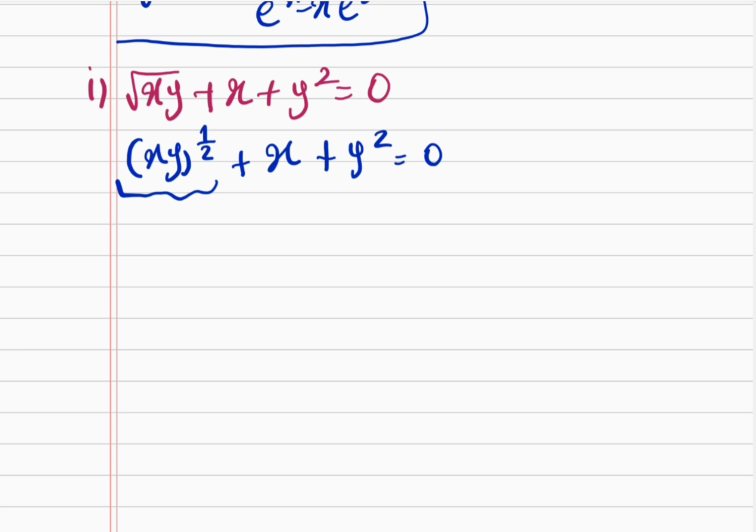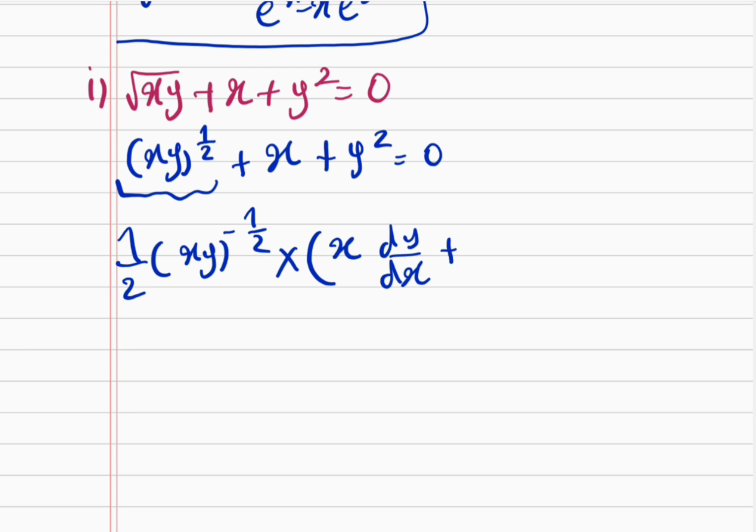So in this case, we can again begin with the easier part, which is writing down the power, then writing down the bracket with power minus 1, and then times the derivative of the inside. So the derivative of the inside can be found by using the product rule. Be careful, because we have x times y, so two functions. The product rule says write down the first function times the derivative of the second function, y differentiates to dy/dx.